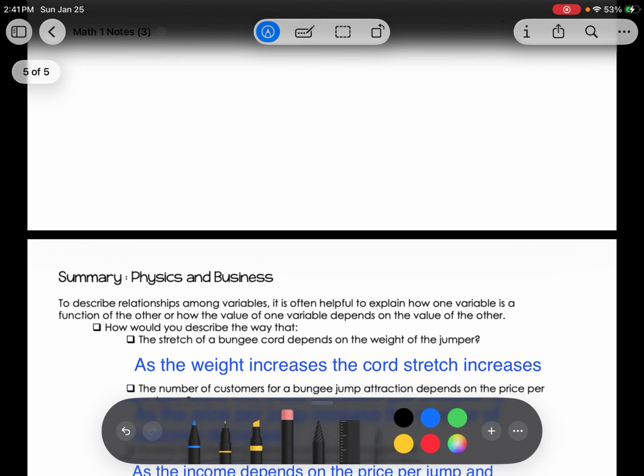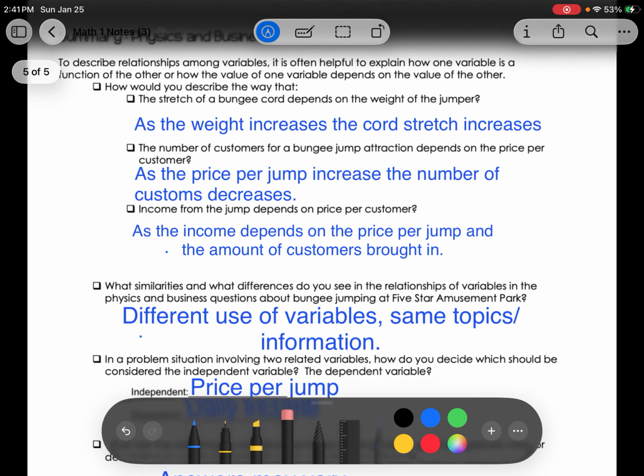And then if we scroll to our next part down here, I already kind of have it filled in. If we're talking about the stretch and the weight, as the weight increases, the cord stretch increases. Then if we're talking about the price per jump and the number of customers, as the price per jump increases, the number of customers decreases.